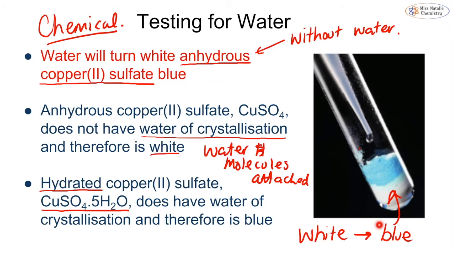So you can see here, we have CuSO4 dot 5H2O. This is telling you there are 5 waters attached, and the colour is blue. You can also use things like cobalt chloride paper, and it will turn pink, but the most common chemical test for the testing of water is copper 2 sulfate. It's very important that you include the 2 as well, and you write it like that.